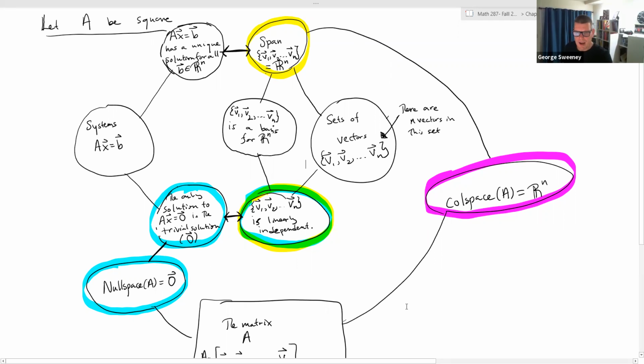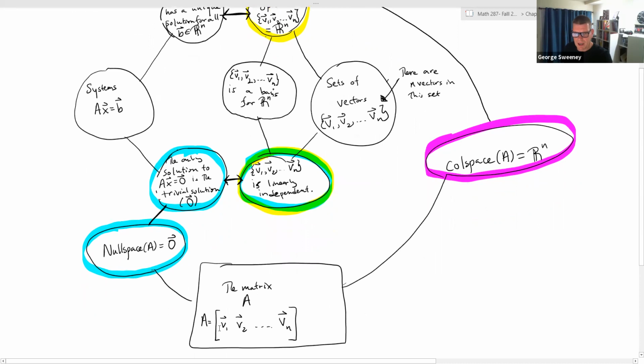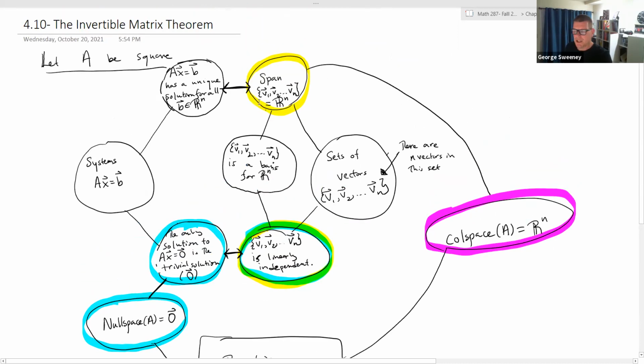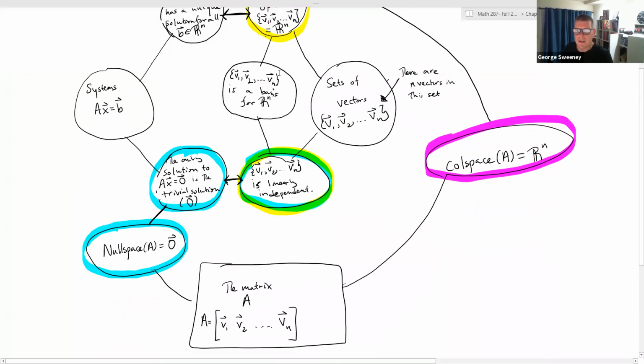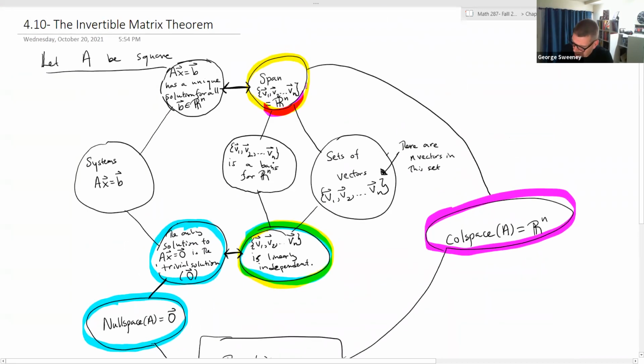How we constructed A is as v1 through vn. So the span of the column vectors of A, that's that one right there. Those are equivalent statements. And then, like we said, AX equals B has a unique solution for all B. There we go. That's it. Way to go.